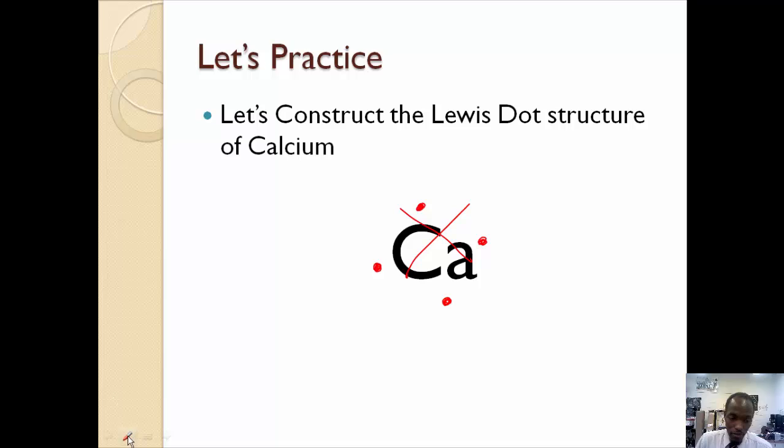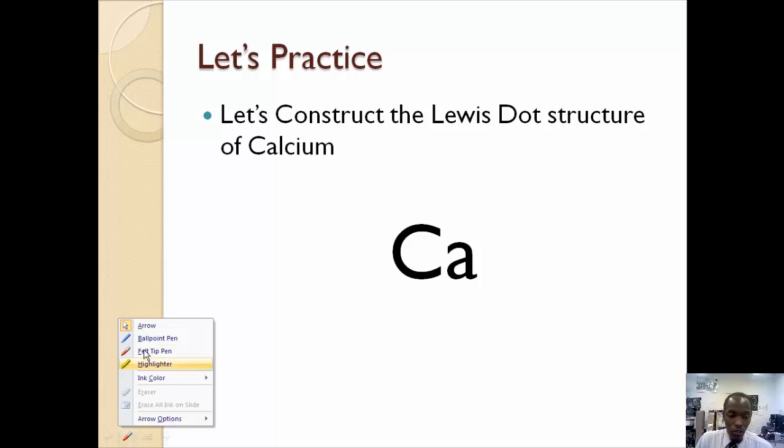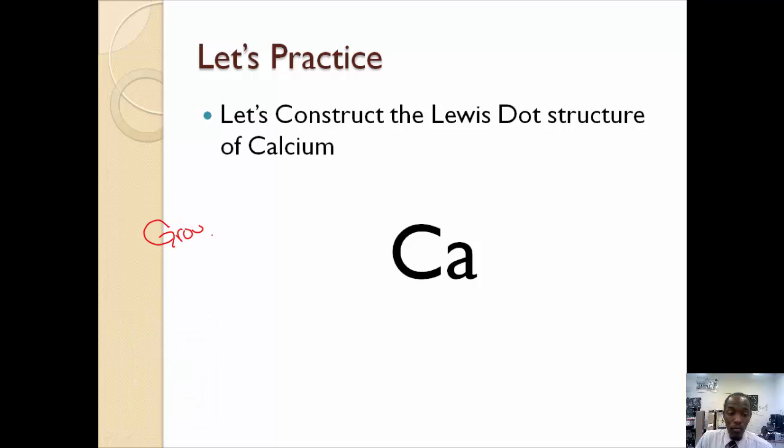Let's erase that. Because what group is calcium in? Let's see. If we are correct, our group for calcium is what? Group 2. So that means it has how many valence electrons? 1, 2. Alright.